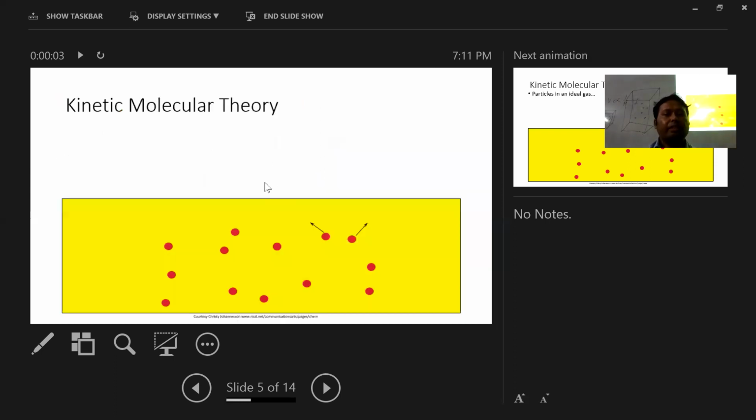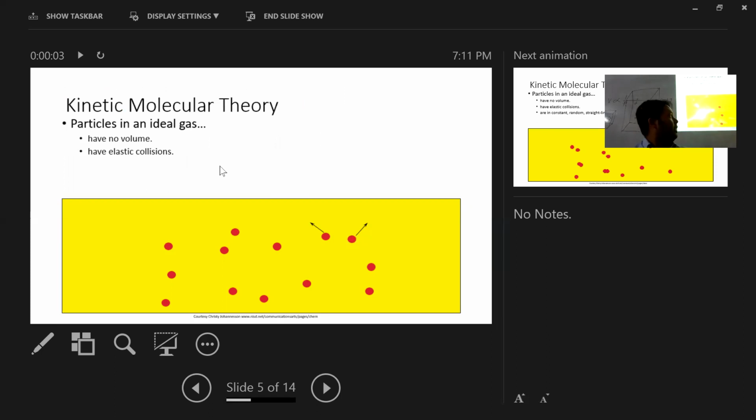Okay. Then what we have seen already, particles in an ideal gas have no volume. That is wrong. Have elastic collision. That is kind of wrong. Sometimes, if they have different kinetic energy, already we have mentioned that they can have different kinetic energy.